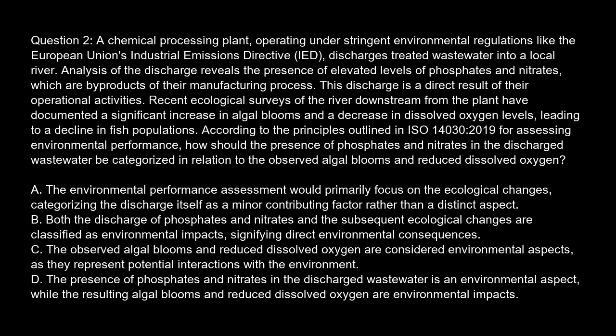Option C. The observed algal blooms and reduced dissolved oxygen are considered environmental aspects, as they represent potential interactions with the environment. Option D. The presence of phosphates and nitrates in the discharged wastewater is an environmental aspect, while the resulting algal blooms and reduced dissolved oxygen are environmental impacts.